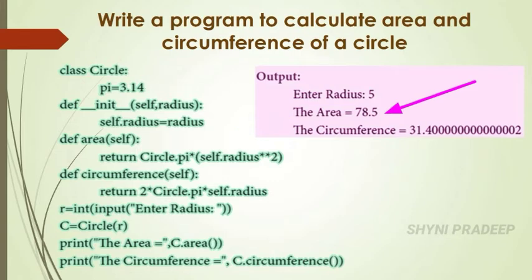This is the area value. And next the circumference. We have to find the circumference value, 2 into pi into r. Okay, 2 pi r, which means 2 into 3.14 into 5. The answer is what? The circumference is equal to 31.40000 and so on. Okay. So this is the output.